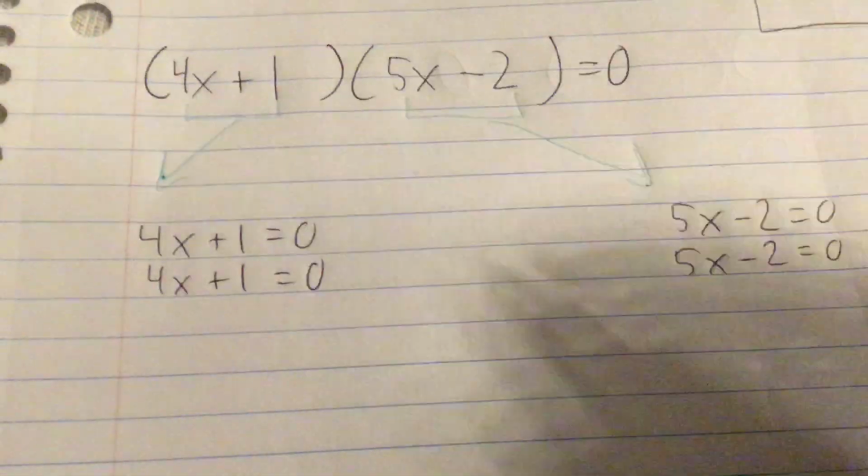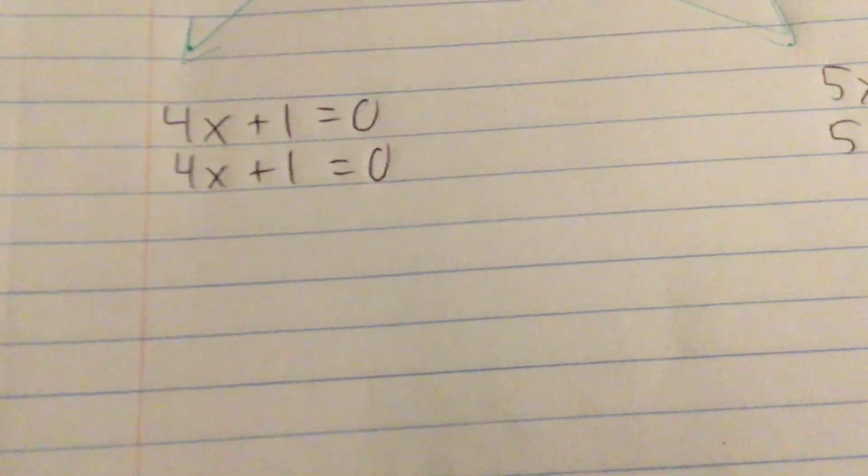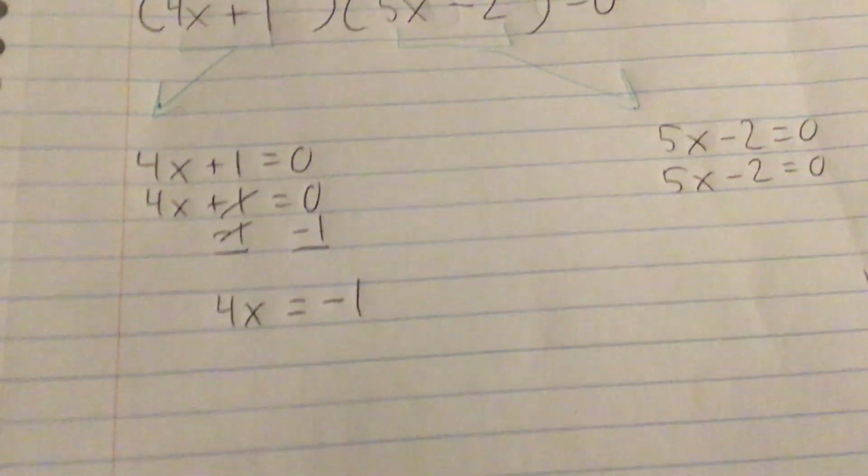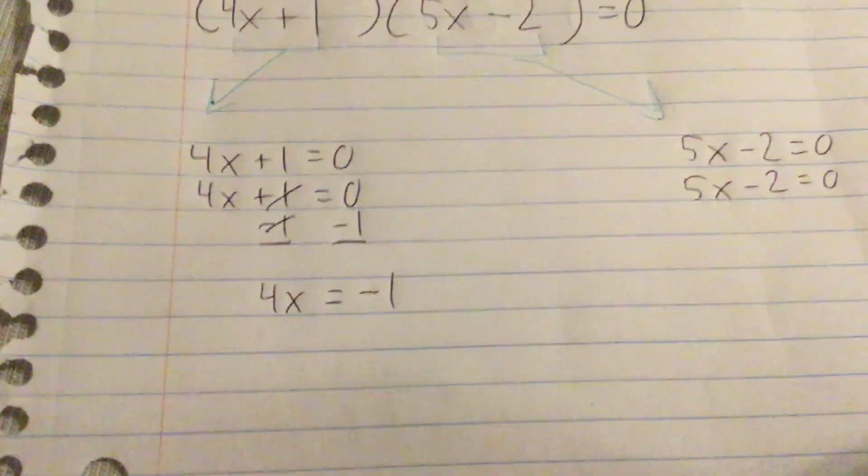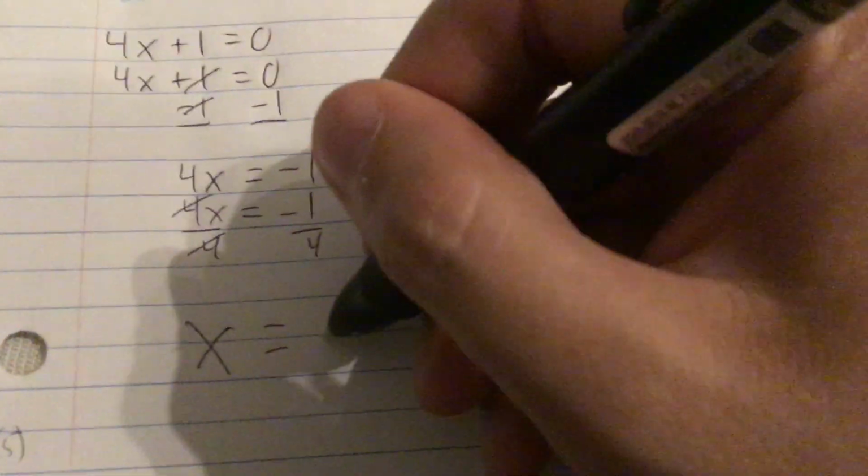So let's solve with the left side. 4x plus 1 is equal to 0. So I'm going to subtract 1 from both sides. That leaves me with 4x is equal to negative 1. And now I'm going to divide both sides of the equation by 4. I've got a negative divided by a positive, so that will be a negative.